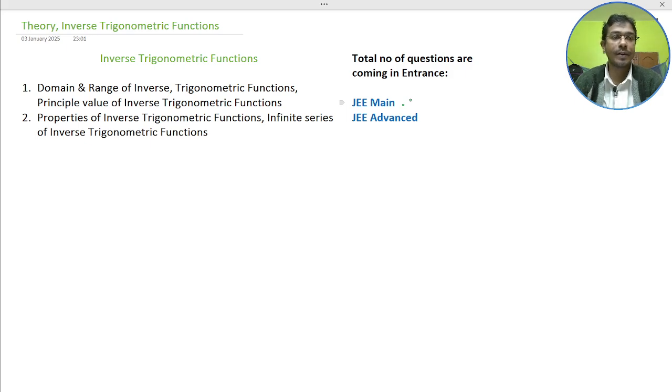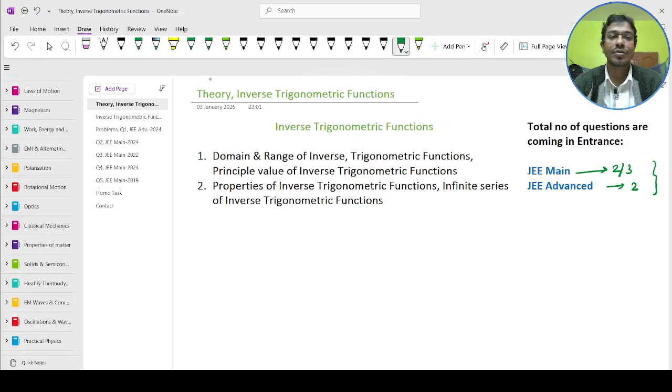Today we will cover the domain and range of inverse trigonometric functions, principal values, properties of inverse trigonometric functions, and infinite series of inverse trigonometric functions. In JEE Main, 2 or 3 questions, and in JEE Advanced 2 questions come from this chapter. So let's get started.